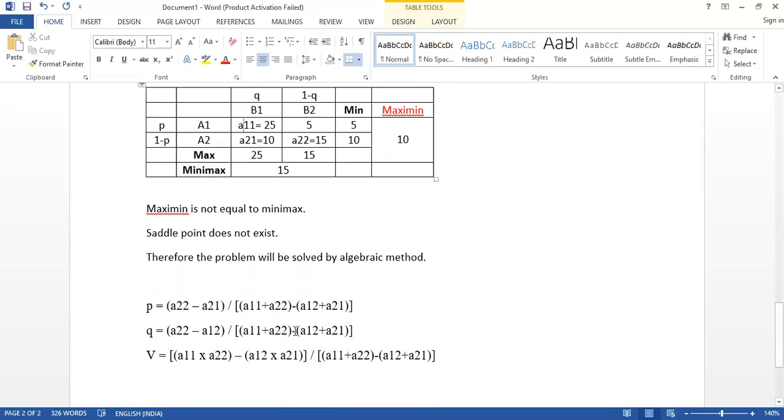Fine. Next is A22. We have already written. Now A12 means first row and second column. So first row and second column, A12. Correct? I am highlighting this so that we can easily identify. I'll put in the values.